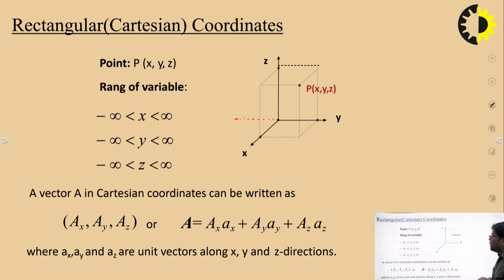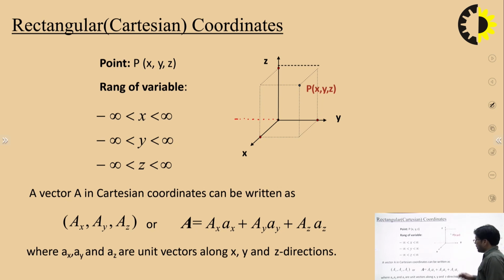For a vector in the Cartesian coordinate system, we can write it either in this way or in this way. You are all aware that when we represent it in a bold letter, it must be a vector quantity. In the other representation we can say Ax, Ay and Az.